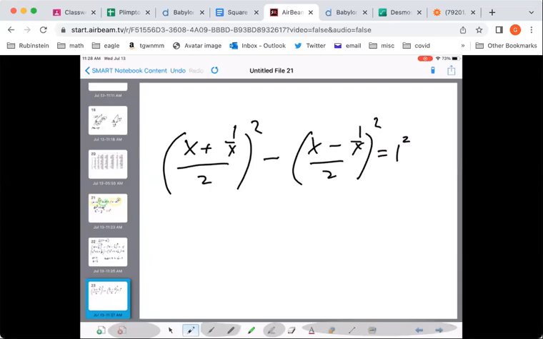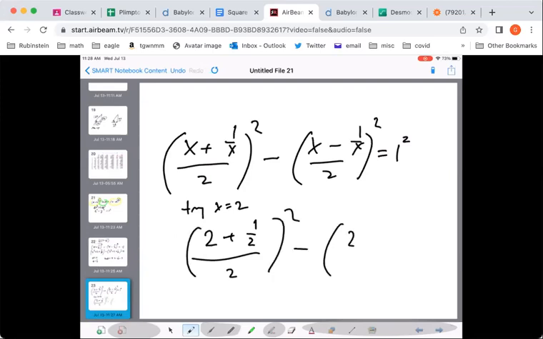So this is a fact. If you plug any number in for x, this will work. Let's try x equals 2, just to see what happens. 2 plus 1 over 2, squared, minus 2 minus 1 over 2, squared.